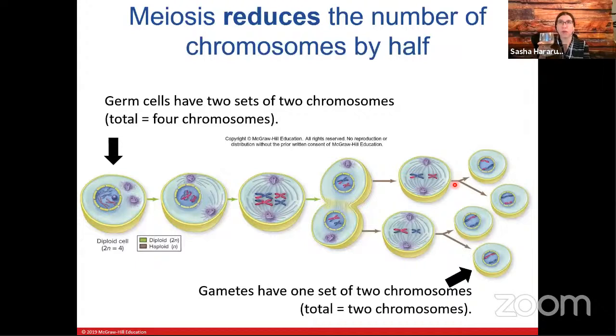In humans, we have 23 pairs of chromosomes. So our germ cells contain 46 chromosomes, but once the germ cells undergo meiosis, they will produce 4 cells, and our gametes have 23 chromosomes.